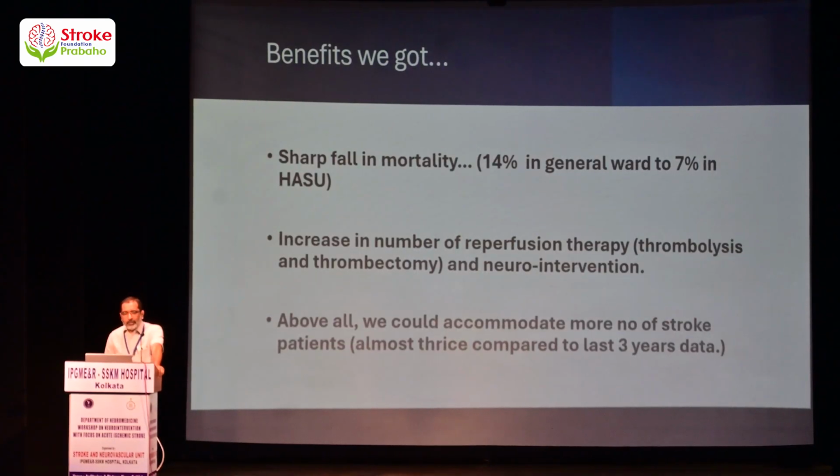And the benefit that we get is a sharp fall in mortality. In the general ward, the mortality is around 14%, while in the last 3 years, in the HASU unit, the mortality is around 7%. The number of reperfusion therapies has increased, and above all, we can accommodate more acute stroke patients.